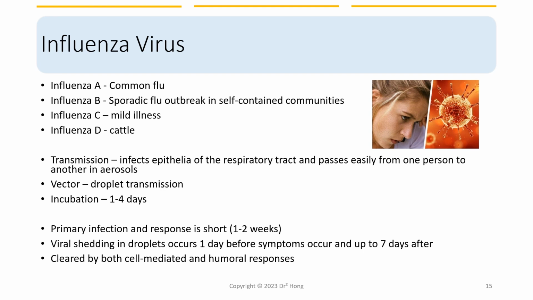Severely immunocompromised people can shed virus for weeks or months. Now, the problem with this virus is that it mutates and a new strain emerges, causing a new round of infections, and so on. So each year, new flu vaccines are needed for the current virus.